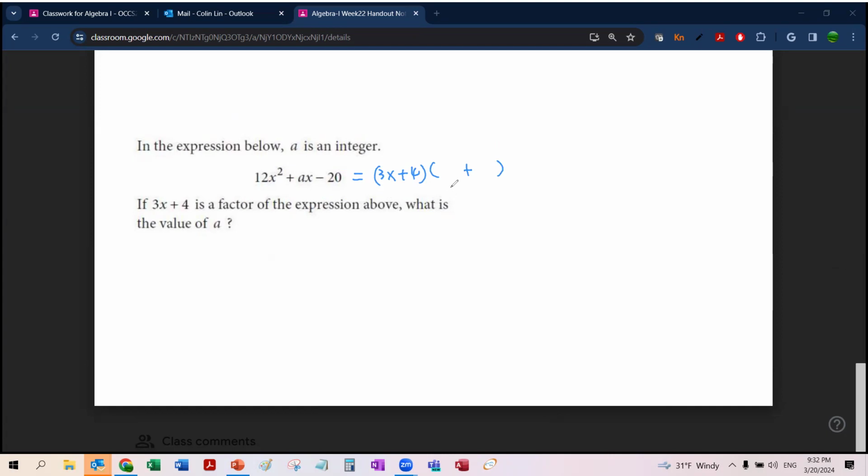Can you guys find out what's the other one? All right, Ellie, use your imagination now. Try to find out what's this here first, because 3x plus 4 is one of the factors, right?